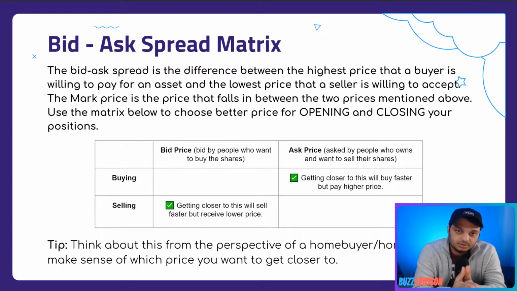A lot of people struggle to get their option orders filled because they choose wrong limit prices for their order. So if you look at this matrix, it should help you to understand how to get your orders filled, how to pick a good price, so that you don't feel bad about, oh, I paid too much, or I didn't get paid enough to sell something.